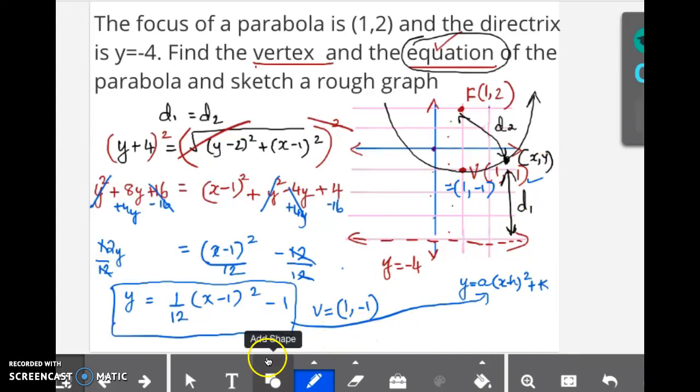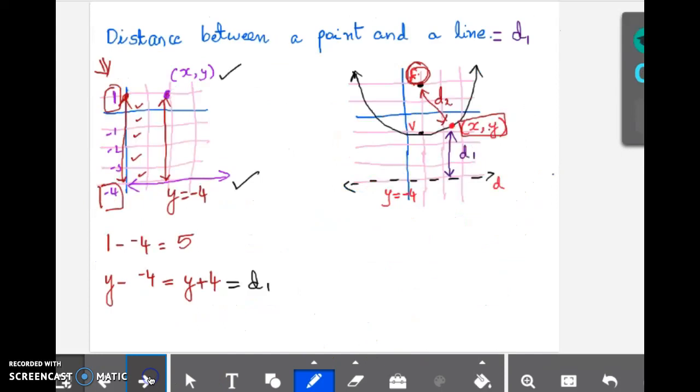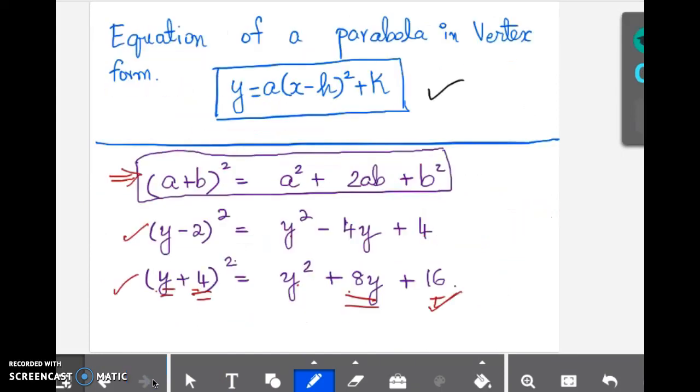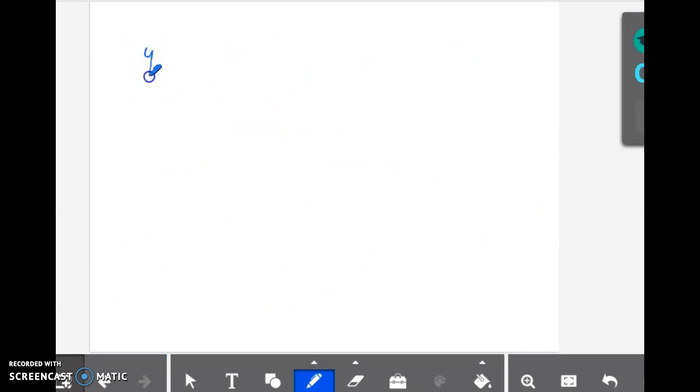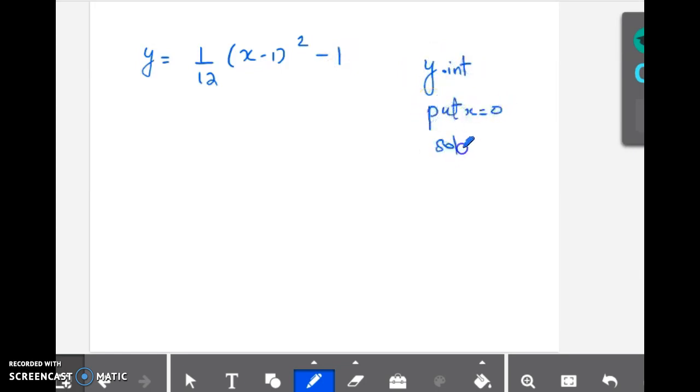Now one more thing you need to know is how do you find the y-intercept from this equation? The equation of the parabola that we got here is 1 over 12 times x minus 1 the whole square minus 1. To find the y-intercept, you have to put x equal to 0 and solve for y.